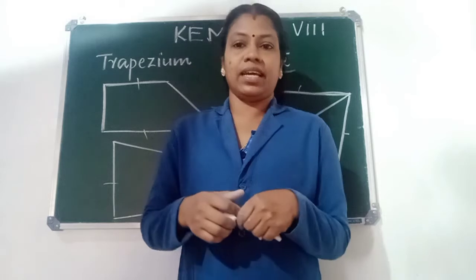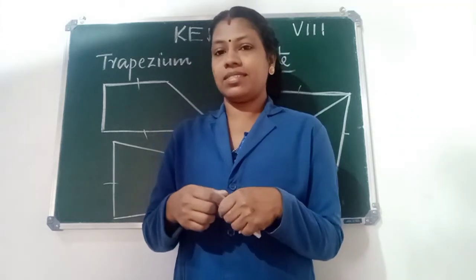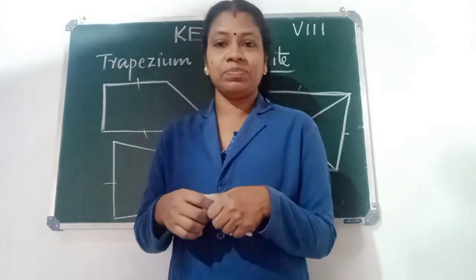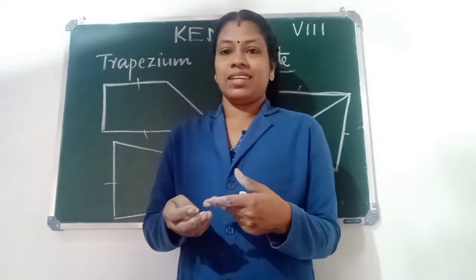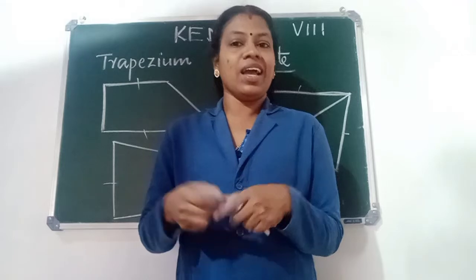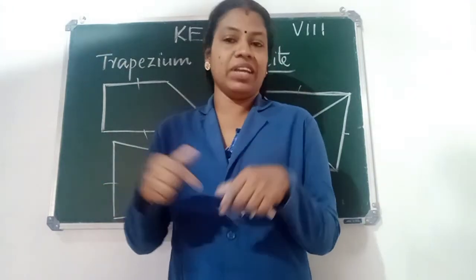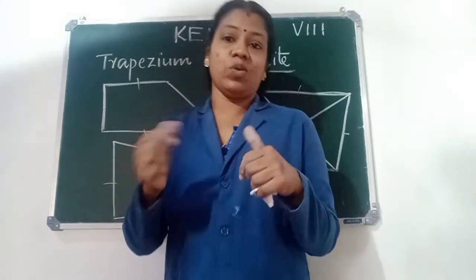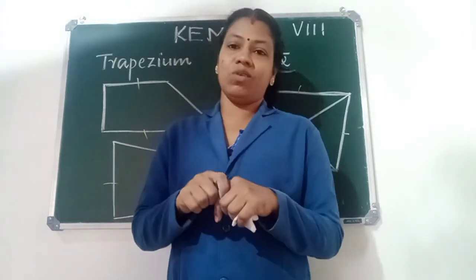Then the next type of quadrilateral is a rectangle. But we know that. What is a rectangle? A rectangle is a quadrilateral, a four-sided figure with opposite sides equal and parallel also.